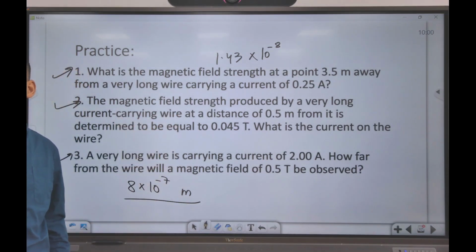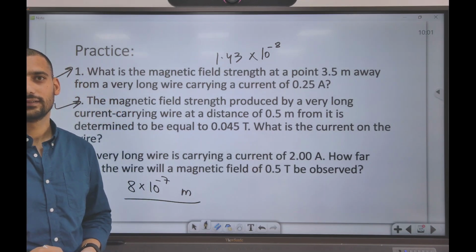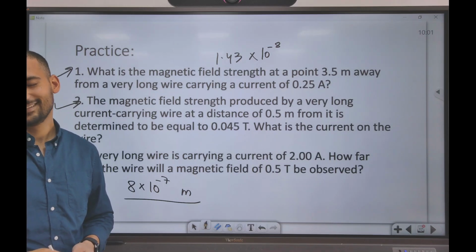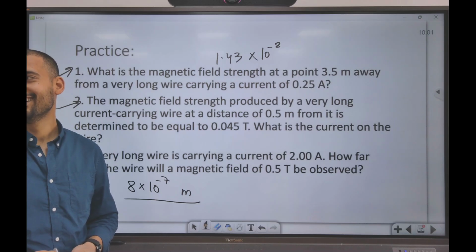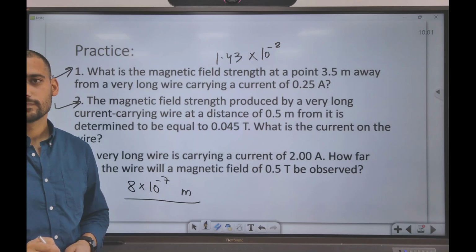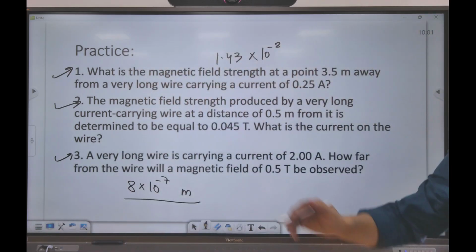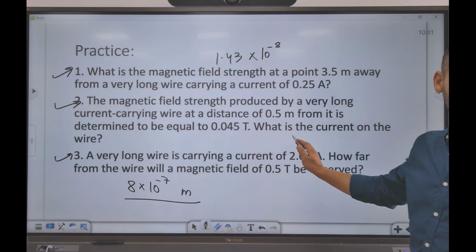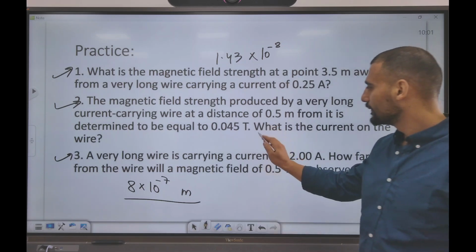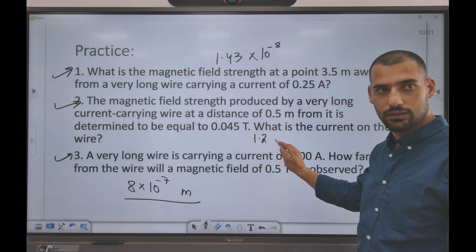You got the answer? What is the answer? Tell me the answer. 1.12.